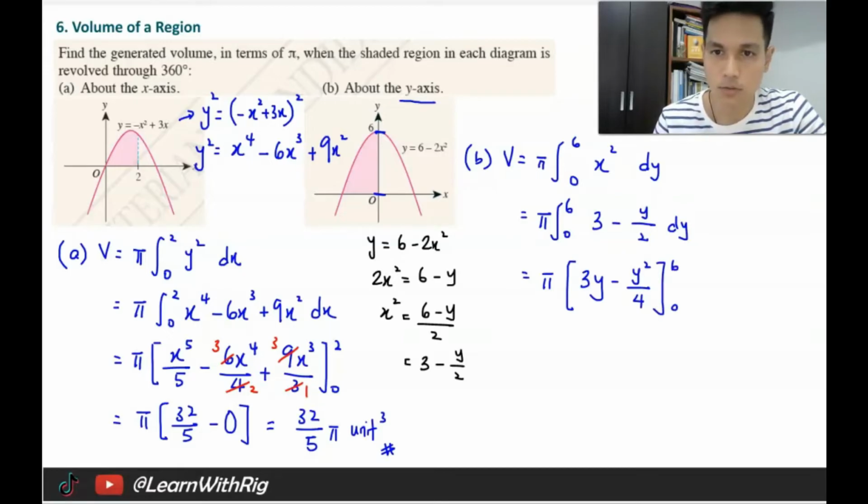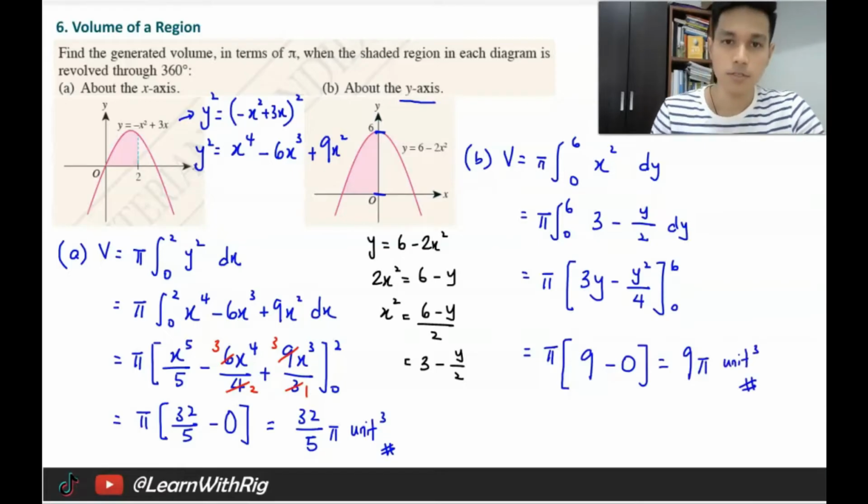Substitute 6 and 0. When you substitute 6, you get 9, and when you substitute 0, you get obviously 0. So your final answer would be 9 pi unit cube.